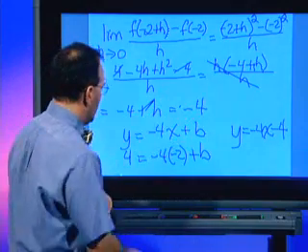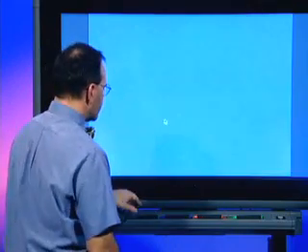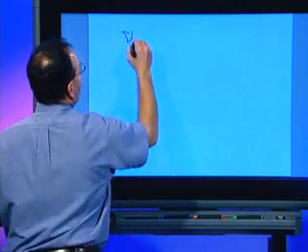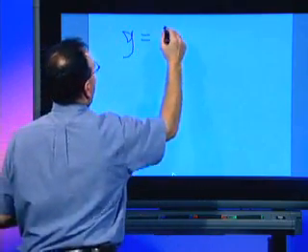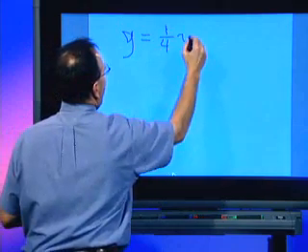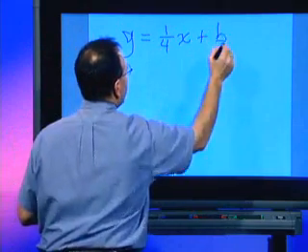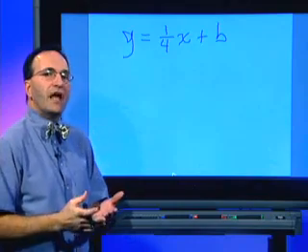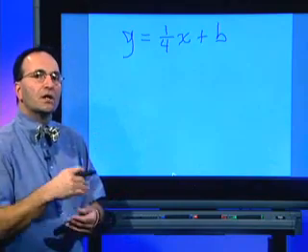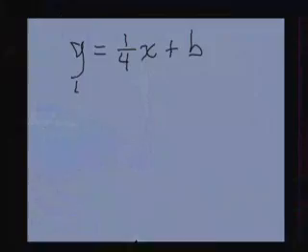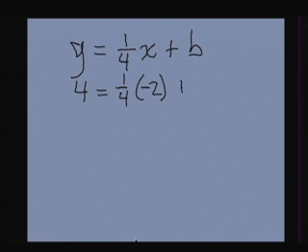And we know that the normal would be y equals 1/4 x plus b. And once again, we use the same point, -2, 4. And we get 4 equals 1/4 of -2 plus b.